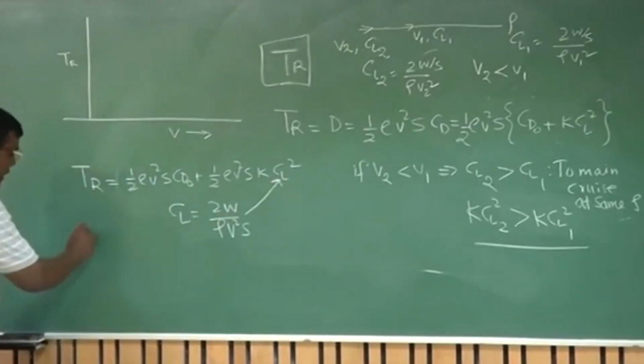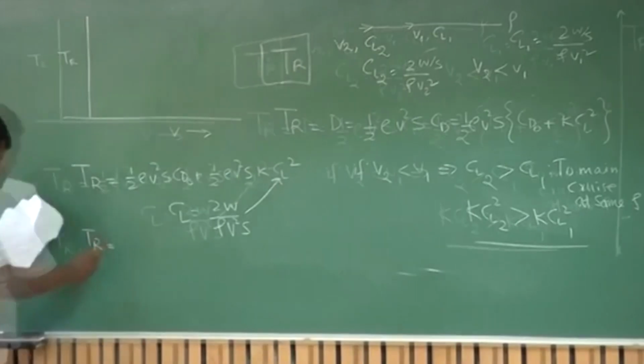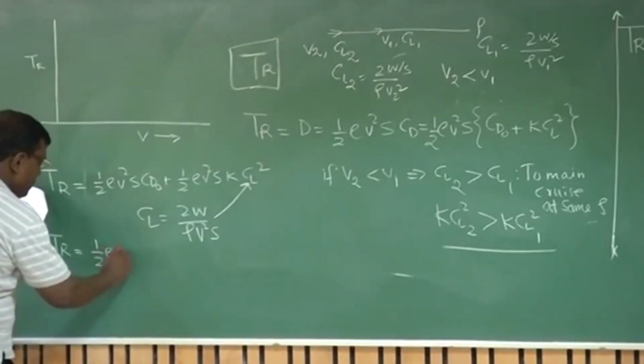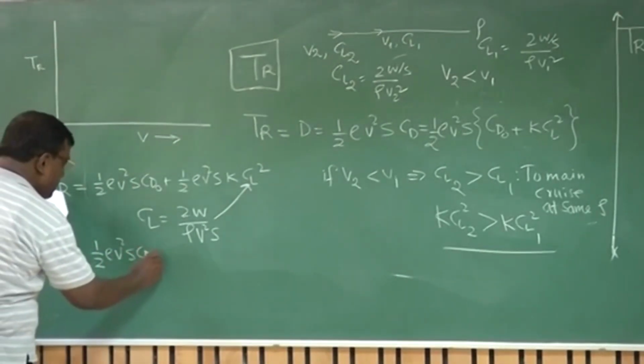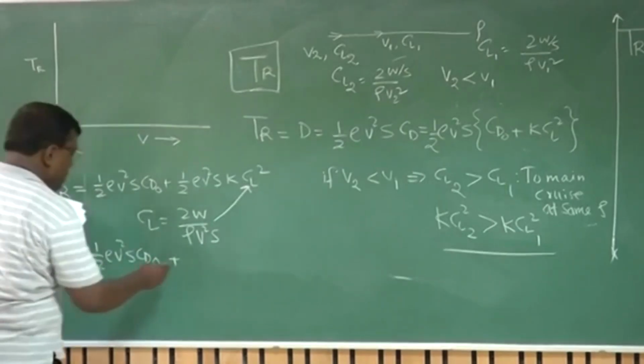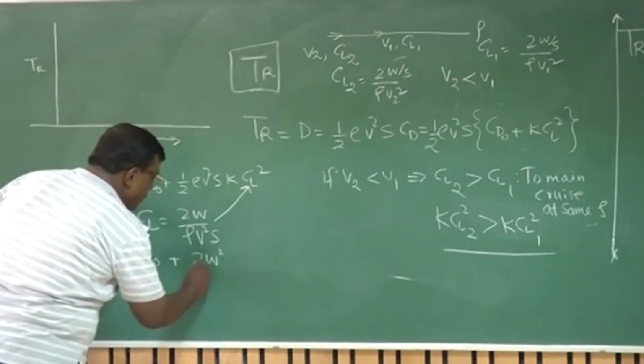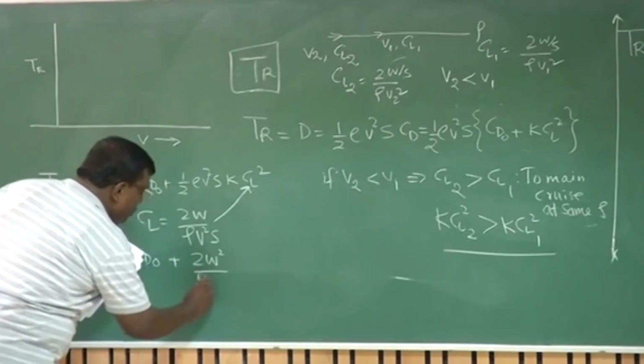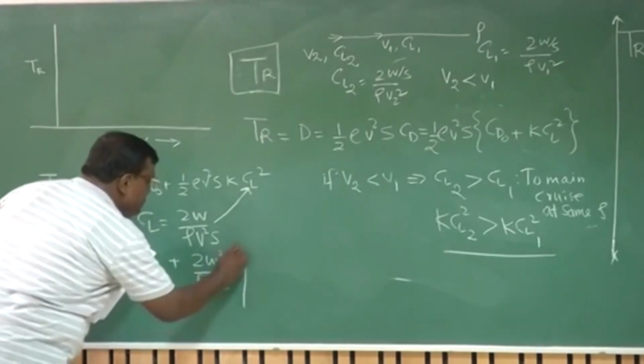So what do I get? I get thrust required equal to half rho V square S CD naught plus 2W square by rho V square S.